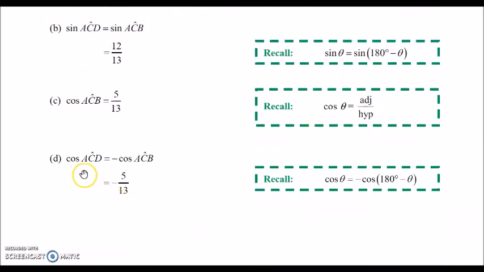So we have cosine angle ACD equals the negative of cosine angle ACB. I know that cosine angle ACB, as found in part C, is 5 divided by 13. So cosine angle ACD will be negative 5 divided by 13. This is the relationship that we have learned slightly earlier.